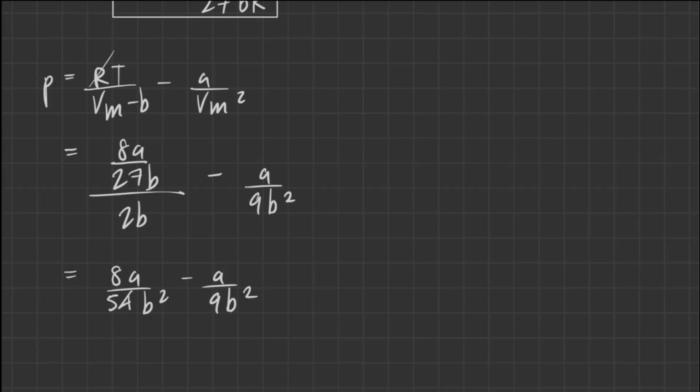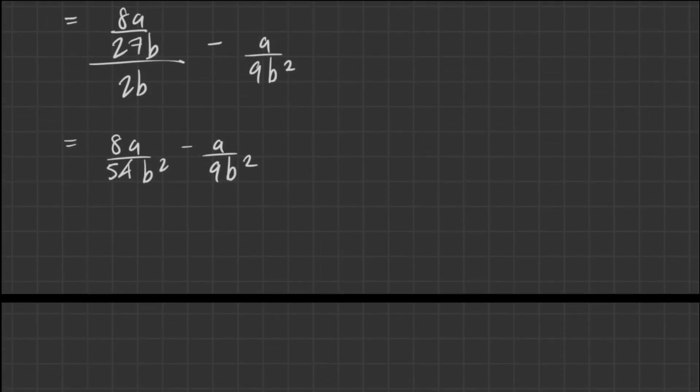Okay. And from here we can multiply by the least common multiple in order to add or subtract the fractions. So this stays the same, and I multiply the right fraction by 6, so I can subtract the fractions.